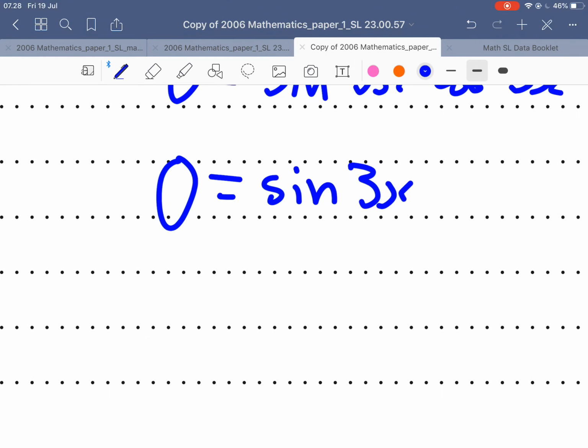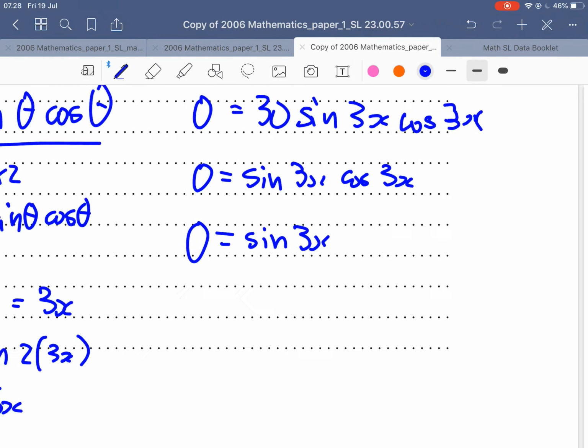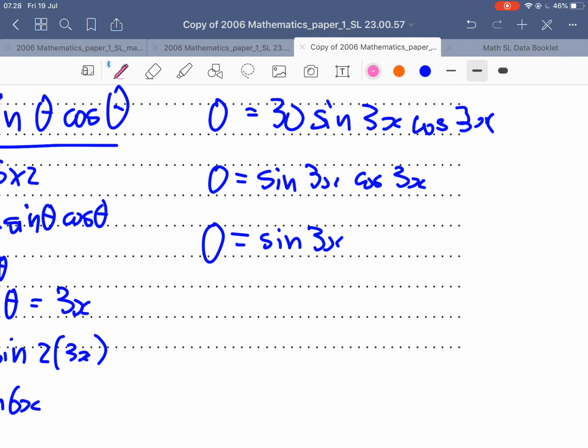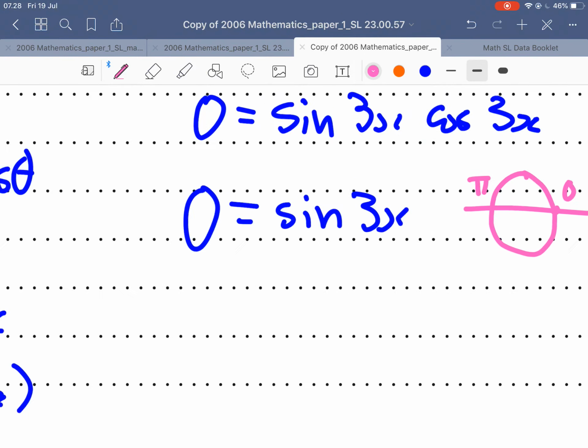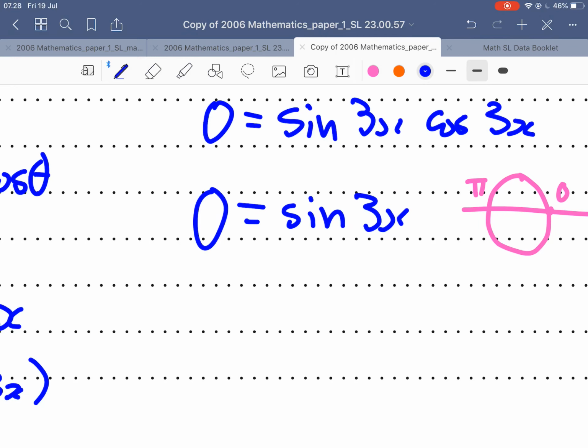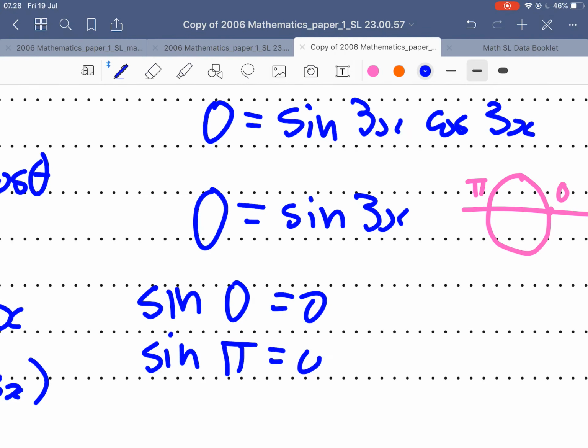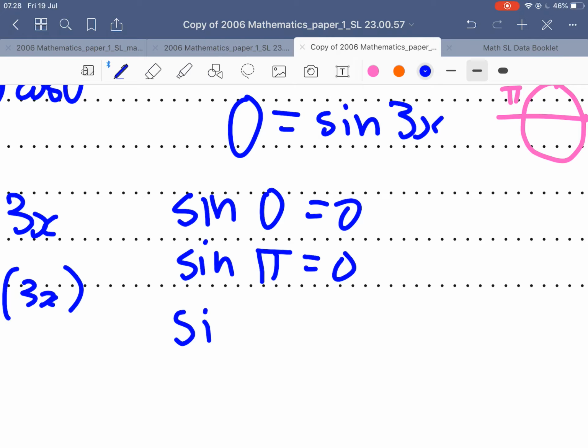And if you know from the unit circle, sine of x is just the y coordinate. When is the y coordinate 0? It's at 0 and pi. So sine of 0 equals 0, but also sine of pi equals 0, and sine of 2 pi equals 0.